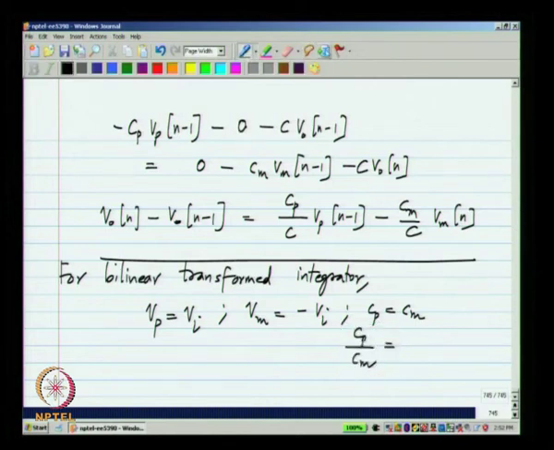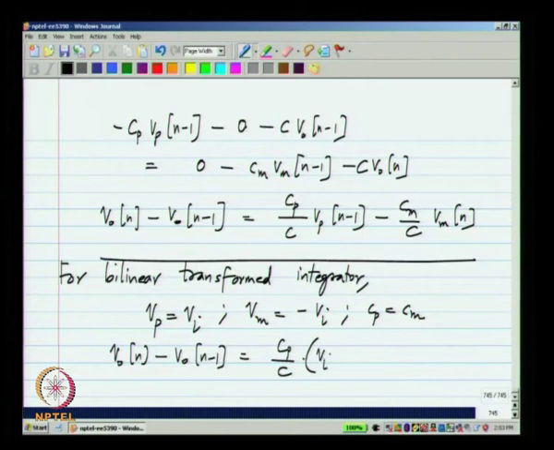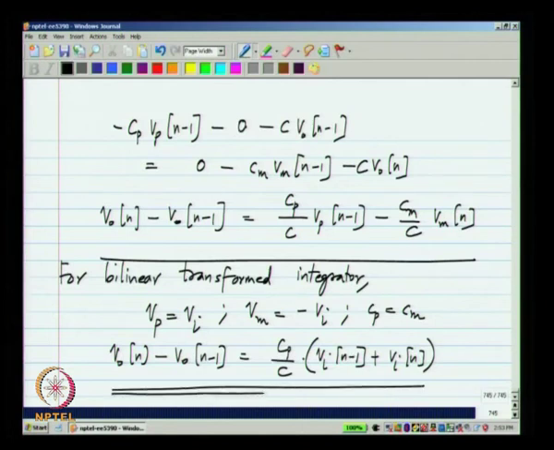Okay. So, if you do that, what we will see is V naught of n minus V naught of n minus 1 equals Cp by C Vi of n minus 1 plus Vi of n, which is the differential equation that corresponds to bilinear transformation.